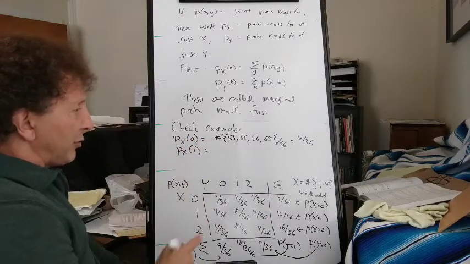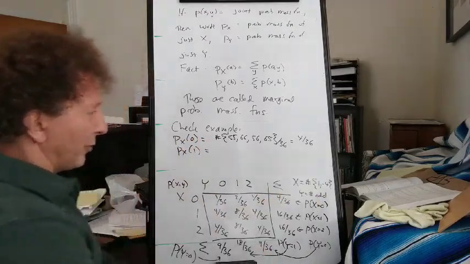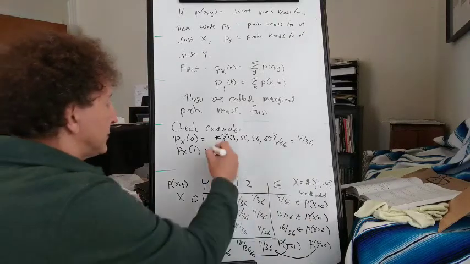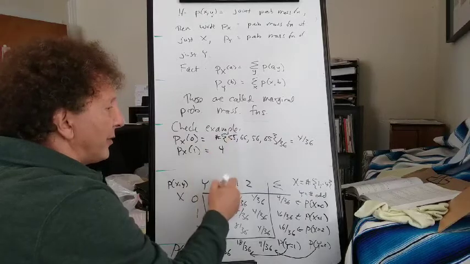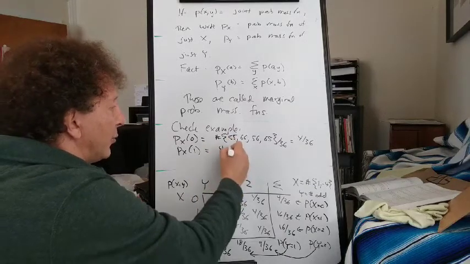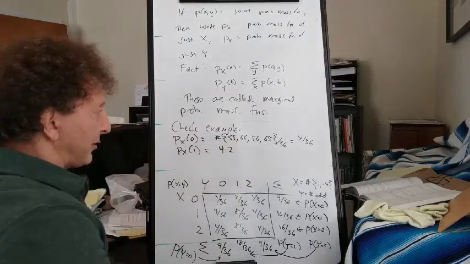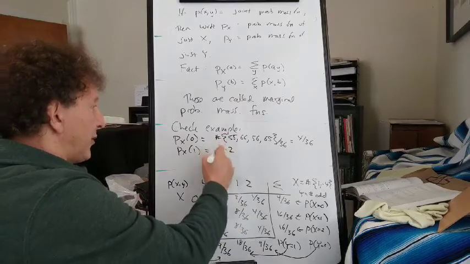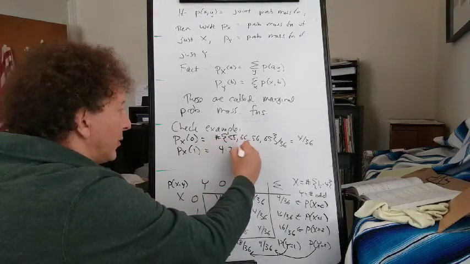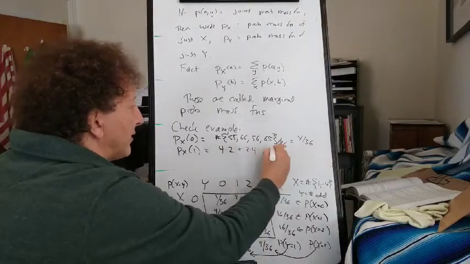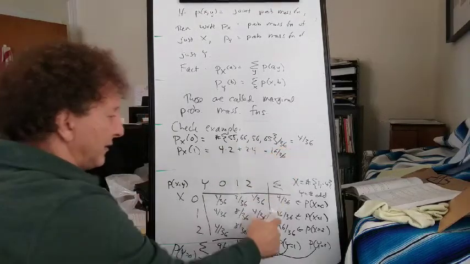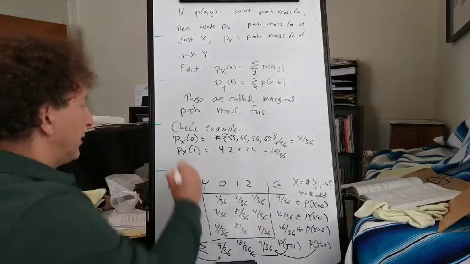How could it happen that we roll 2 dice and we only get one thing in the 1 to 4 range? Well, that happens if we get one thing in the 1 to 4 range and one thing in the 5 to 6 range, either the first die, second die, or the other way around. So that's 8 plus 8, so that's 16 over 36, and indeed we got 16 over 36 here.